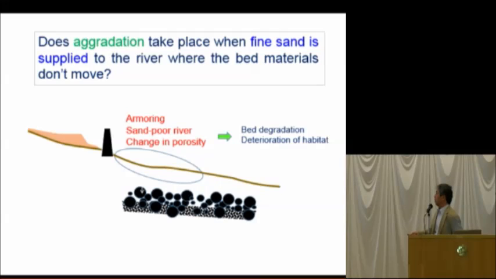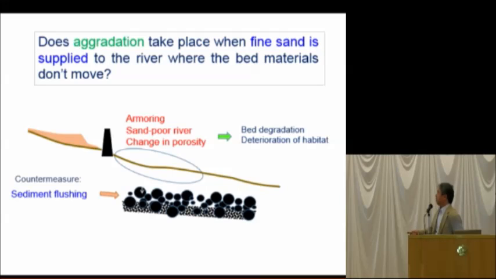There is no sediment transport, and then we supply sediment in this situation. For this situation, a possible countermeasure is sediment flushing from the reservoir. We supply this sediment to the downstream.